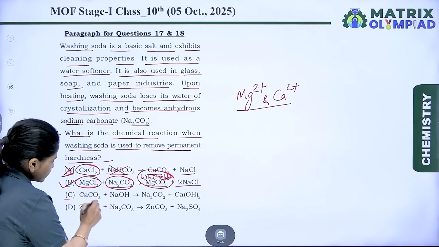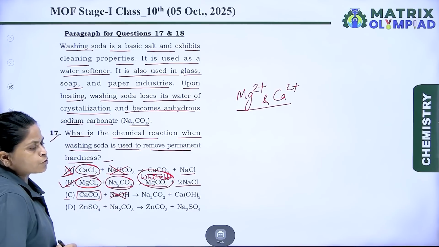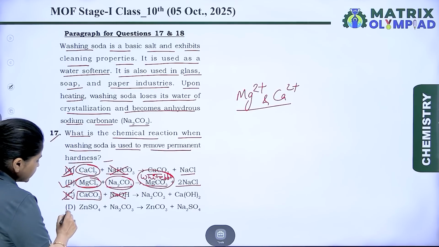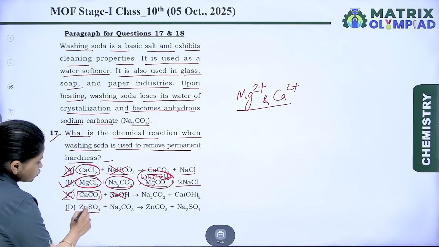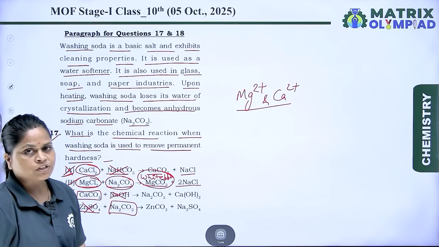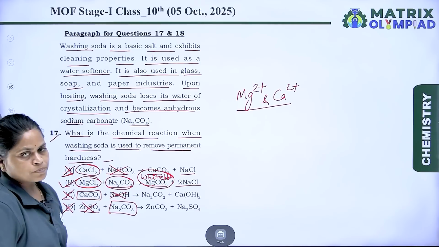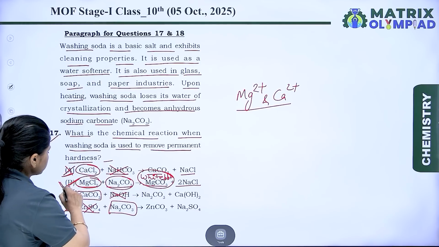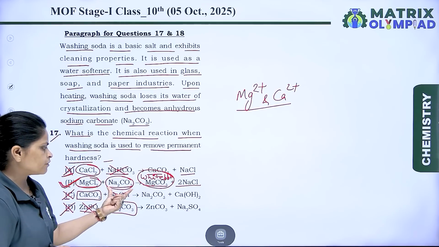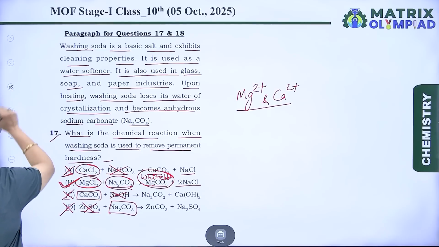Now option C, in which this is taken as hard water, but sodium hydroxide is not washing soda, so it is wrong. D, ZnSO4 is not hard water, and Na2CO3 is washing soda, so it is also the wrong option. So the correct option is B, that is magnesium chloride hard water reacted with washing soda to give white precipitate. Now take the next question.